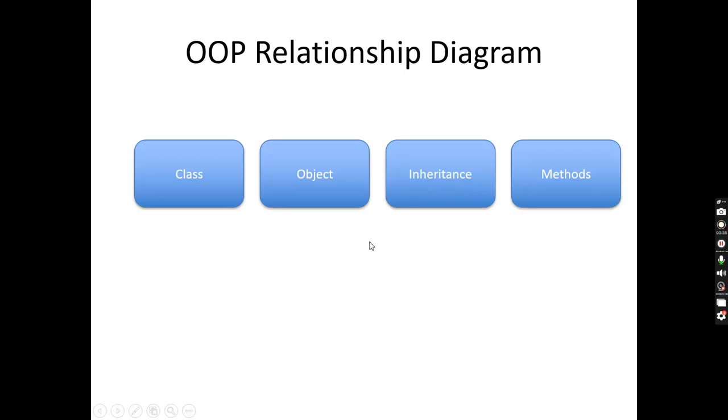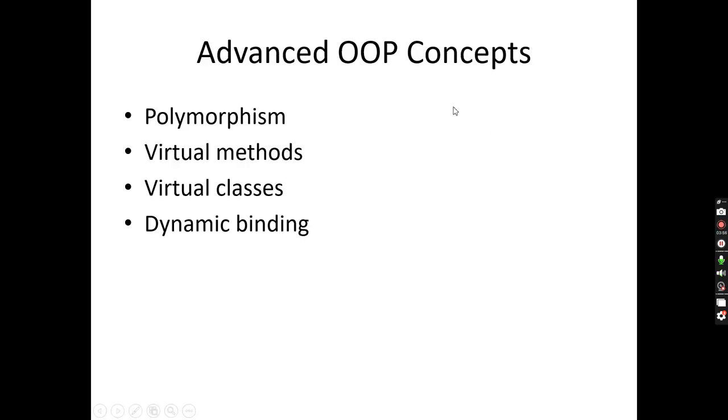Inheritance is when you want to extend the properties or methods, or add more properties and methods: you extend the base class, and the extended class is called the child class. That is inheritance, and you can implement tasks and functions inside that. Coming to advanced OOPS concepts.